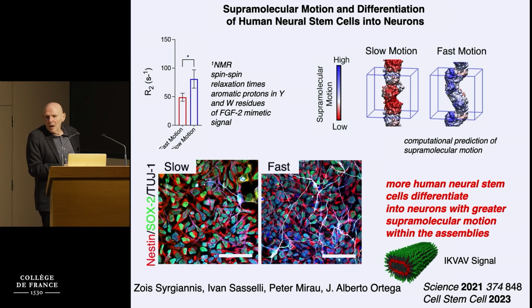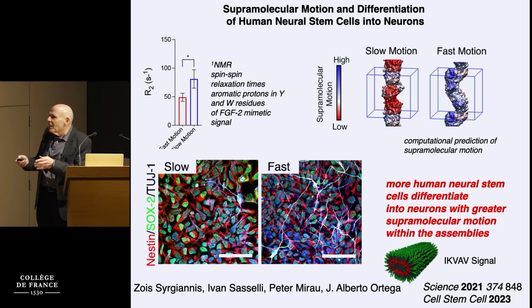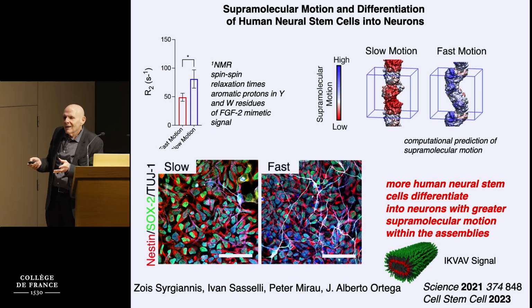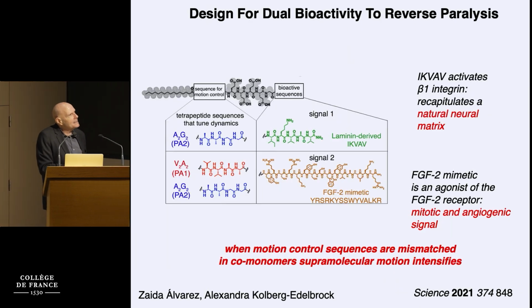And you see neurons appearing on the surface. You see maybe one neuron right here. So just because the molecules are moving, you make a lot more neurons in one, and you make very few neurons in the other. You know, we were really astonished by this result. It had a direct connection to dynamicity.